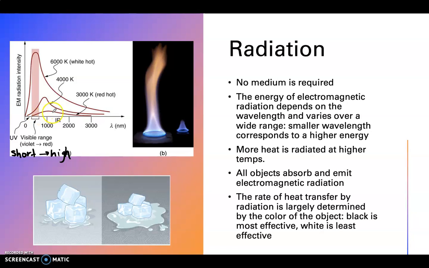And these are curves showing the temperatures at which these are occurring. So you can see that all of the hotter stuff, this 6,000 Kelvin, the hottest here, will have the most intensity where we are at a lower wavelength.